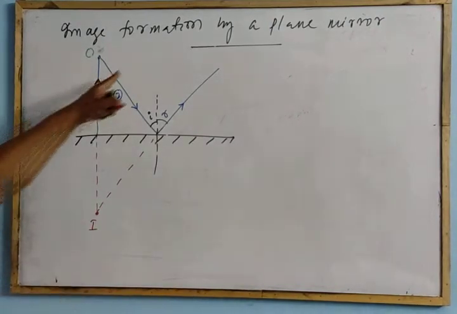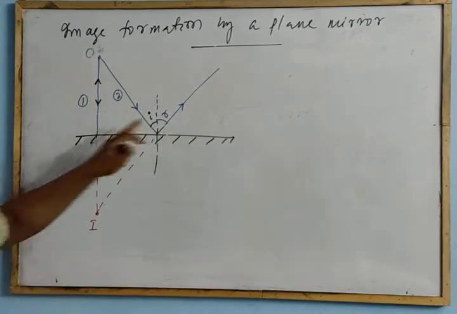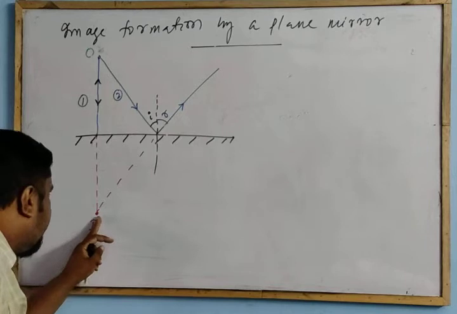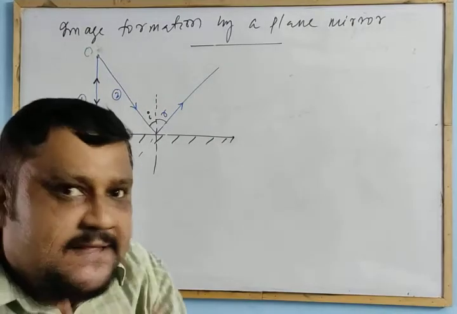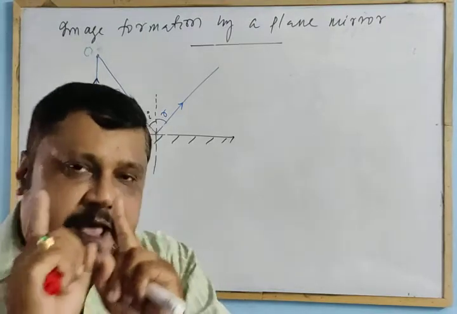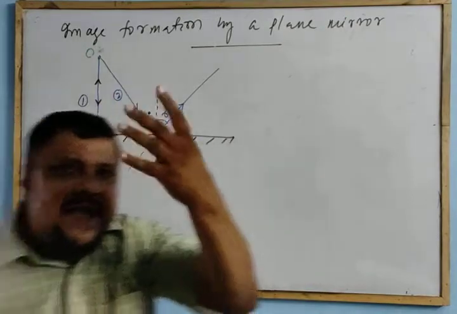So when you see from this side, you find that the two reflected rays appear to come from this point I. They do not actually come from I, they appear to come from I. Appear means my eye cannot distinguish.